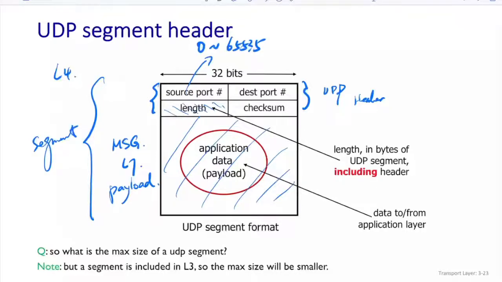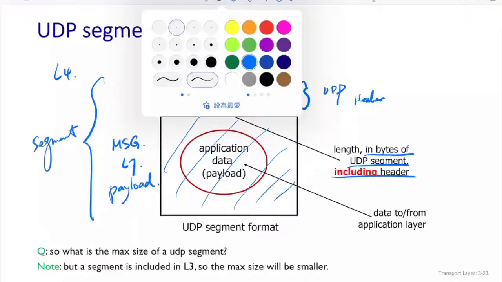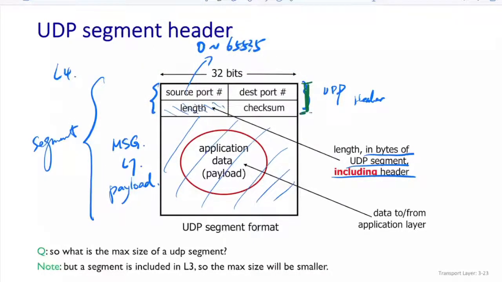The first 16 bits are the source port, the second 16 bits are the destination port, and the third 16 bits are the length of this entire segment, in bytes, of the UDP segment including the header. And you can see that the UDP header has only 4 fields. In total, it is 4 times 16 bits, or 8 bytes. The UDP header.